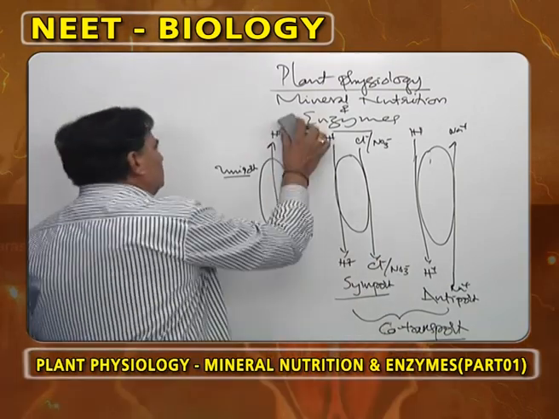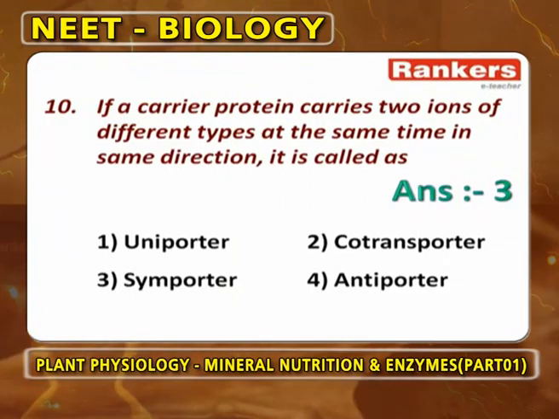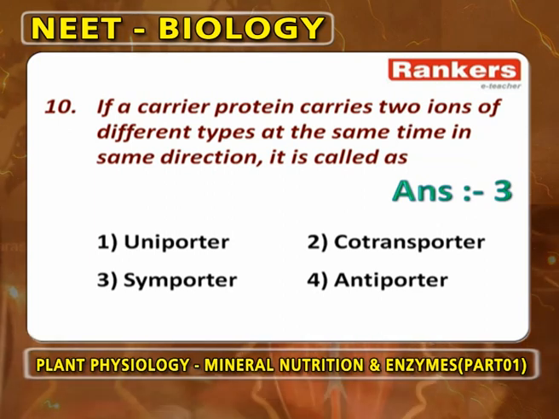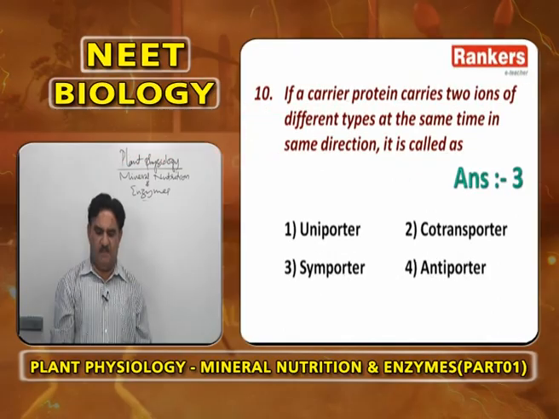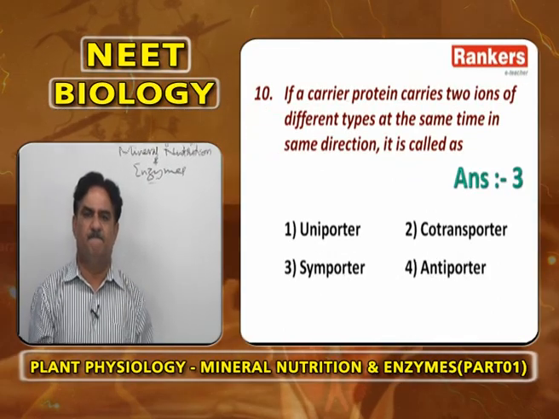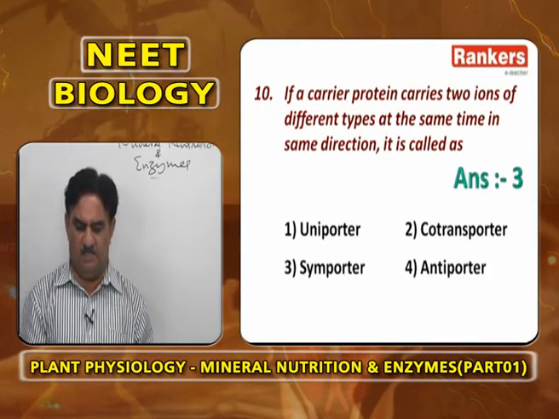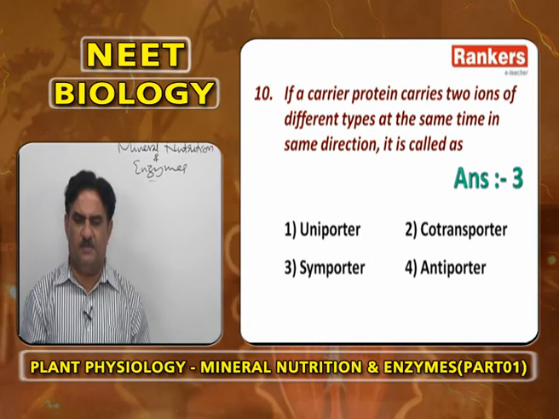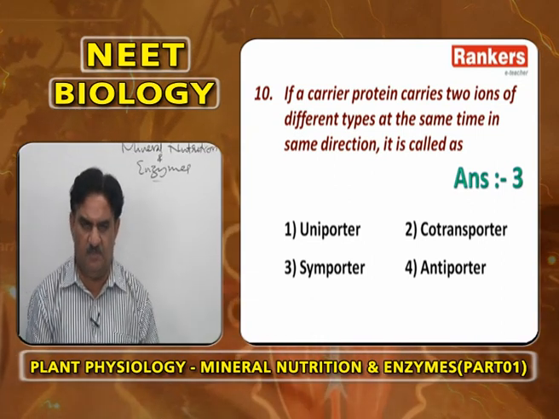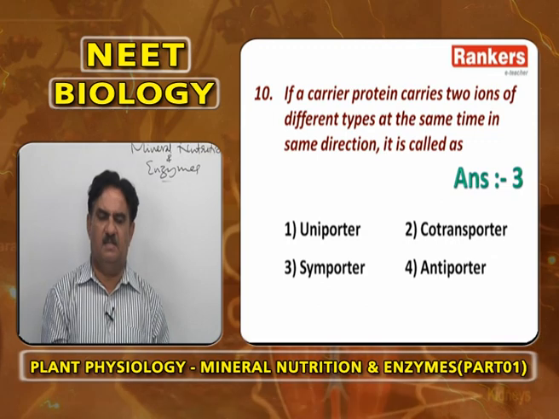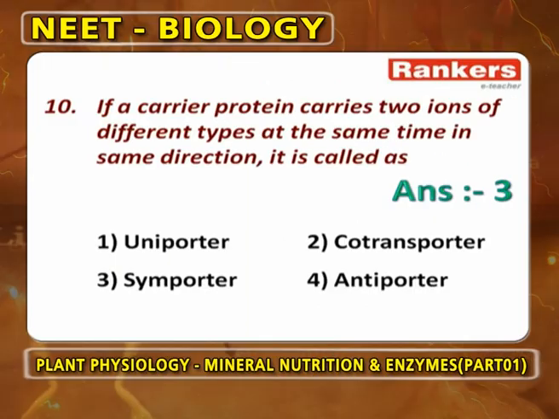So here the question is, name the carrier. If a carrier protein carries two ions of different types at the same time in the same direction, then it is popularly known as symporter, not uniporter. Co-transporter is a combination of both symporter and antiporter. So here the answer is symporter, third one.